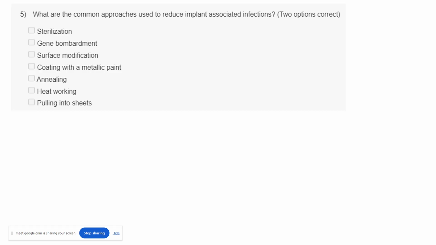What are the common approaches used to reduce implant associated infections? Sterilization and surface modification. Okay.